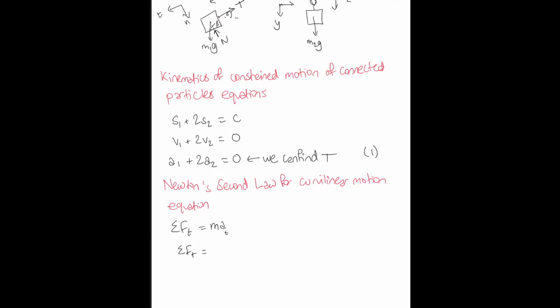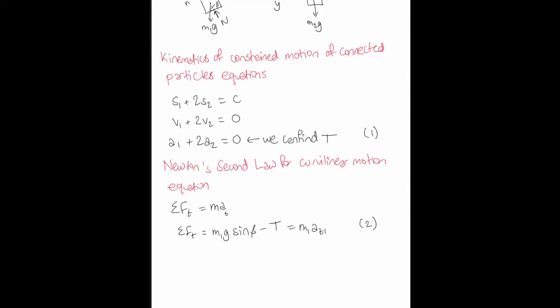And that is m1 g sine beta minus T is equal to m1 a_t1. This is going to be the second equation. This is on mass 1, by the way.